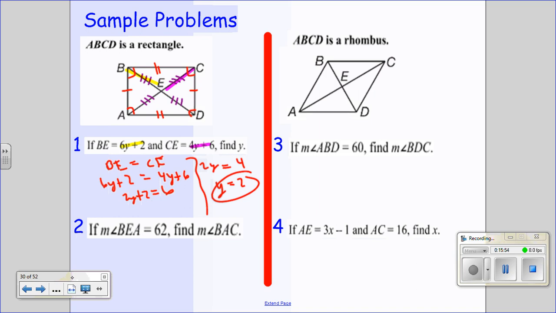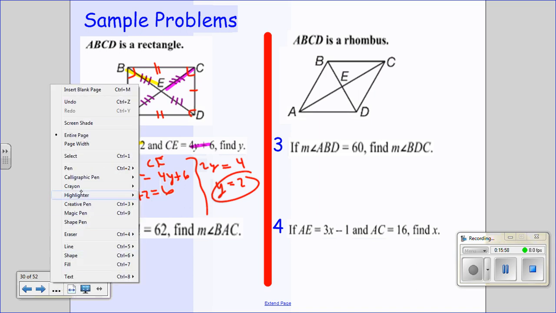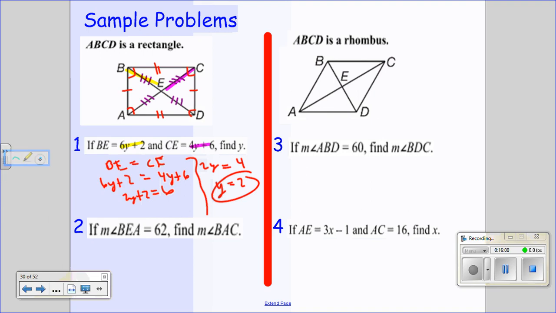Alright, for number 2, it tells us the measure of angle BEA, so let's highlight that on our picture. If I trace it, BEA will be this angle here in this corner. It's 62. It wants us to find the measure of BAC.